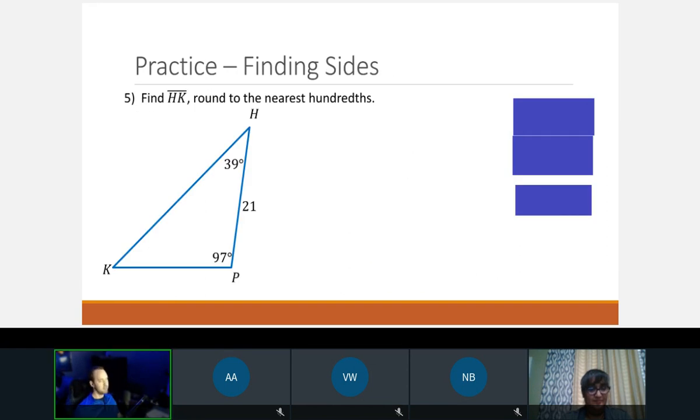All right. So going forward, now we have these problems, and now we're trying to solve a side. This one says, find side HK, round to the nearest hundredths. So HK, I'm going to get my pen out, and I'm going to make this a lowercase p.